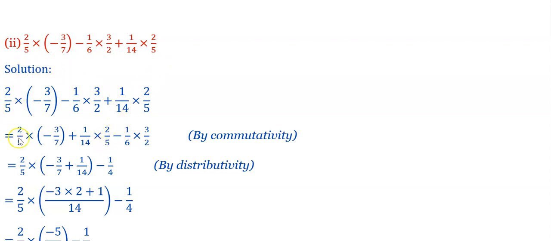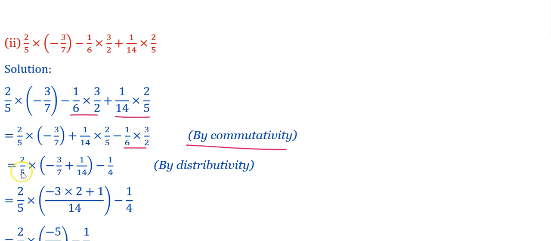That is 2 by 5 into minus 3 by 7. We'll take this term first, plus 1 by 14 into 2 by 5, and then this term is here: minus 1 by 6 into 3 by 2, by using the commutativity.